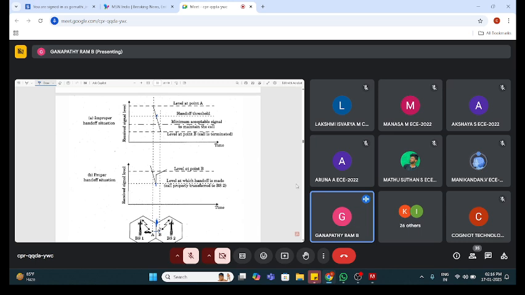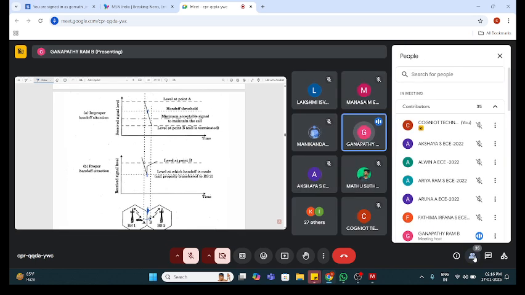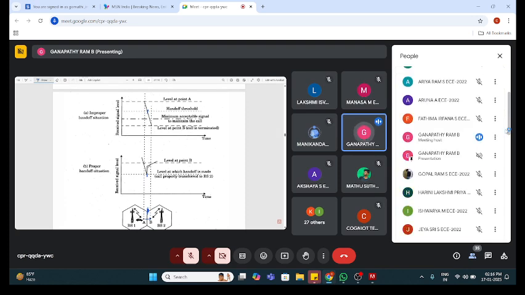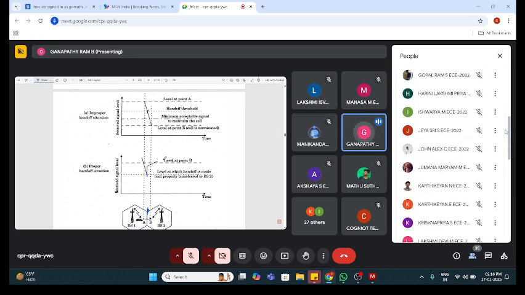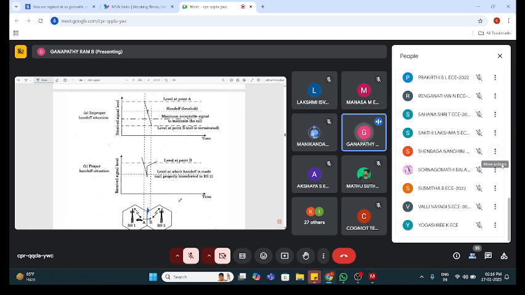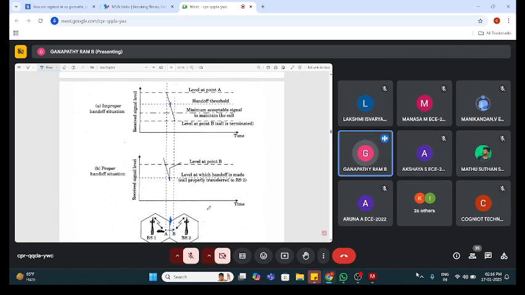The distance between the mobile equipment and base station 2 is reduced as the mobile user moves towards base station 2, so the power level is drastically increased, continuously increasing as it moves towards the base station, so the call is continued. So these are the two scenarios: due to improper handoff the call is terminated, and if proper handoff occurs at the threshold point, the call is continued.